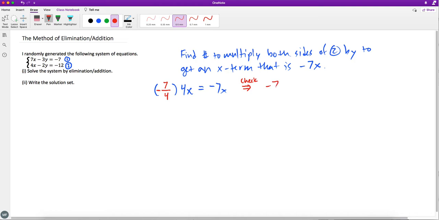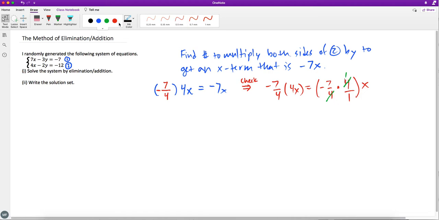So if I take negative 7 fourths times 4x, using the associative property of multiplication, this is the same as negative 7 fourths times 4 times x. 4 is the same thing as 4 over 1. 4 divided by 4 is 1.